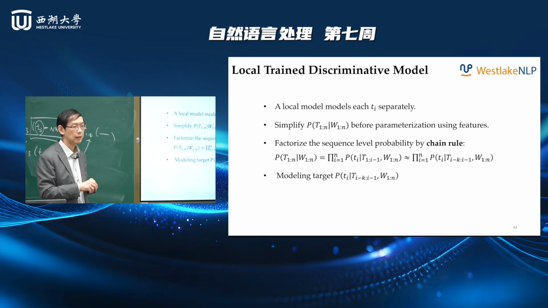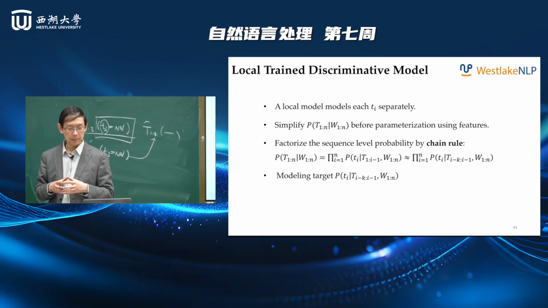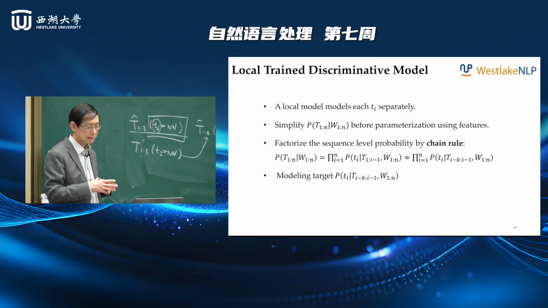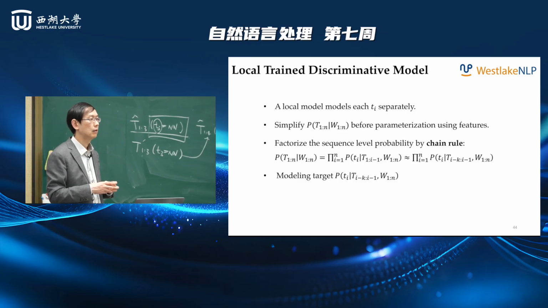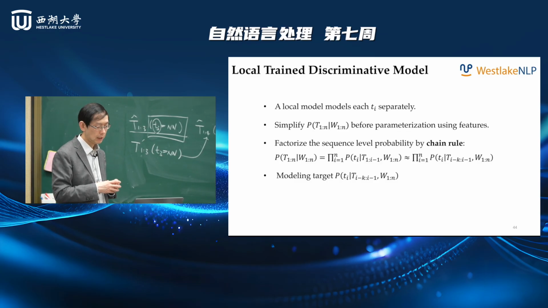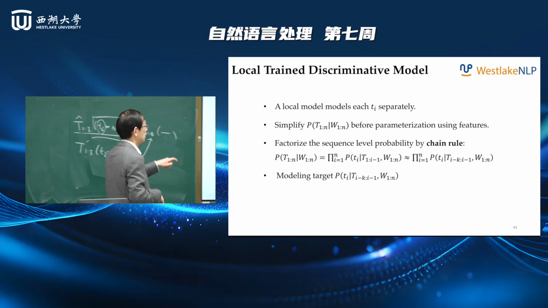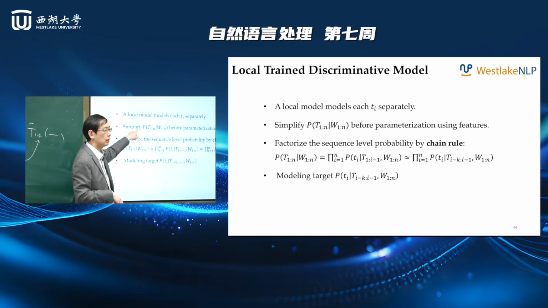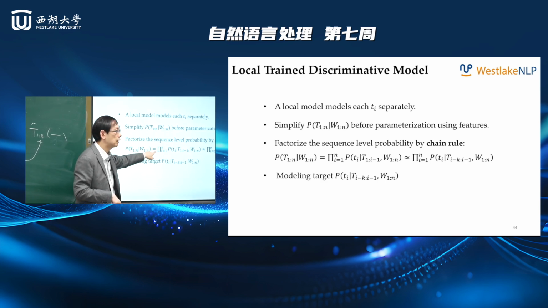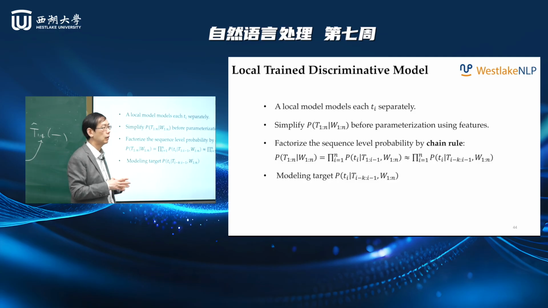But I assume that every tag is conditionally dependent on the previous k tags. So basically a k-th order Markov chain. With that in mind, I simplify the modeling target, the probability of the tag sequence given the word sequence, into a product of every tag probability using the chain rule again.